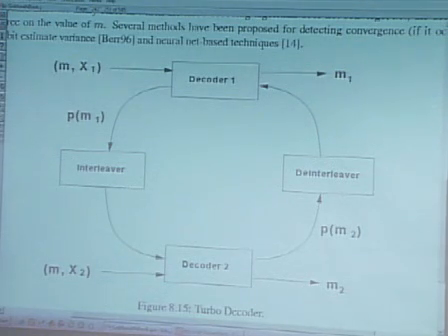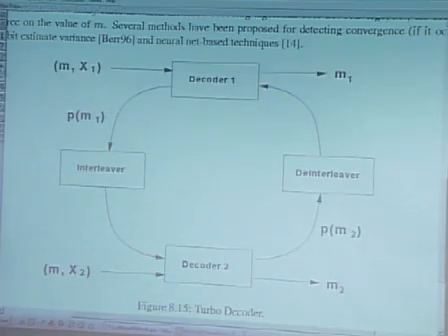So the first guy takes the received vector, decodes it, and then reorders it for the other encoder. And then this guy decodes its own code and reorders it for the other guy. And then they go around in circles. And amazingly enough, this thing converges with incredible accuracy to the actual bits that were sent.